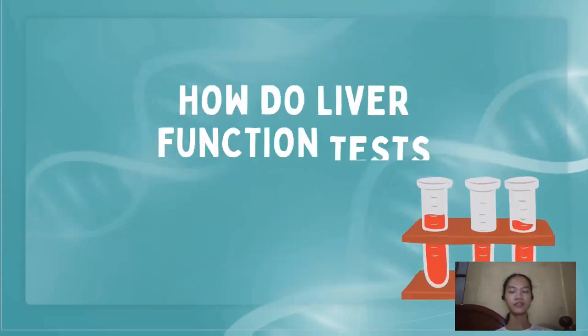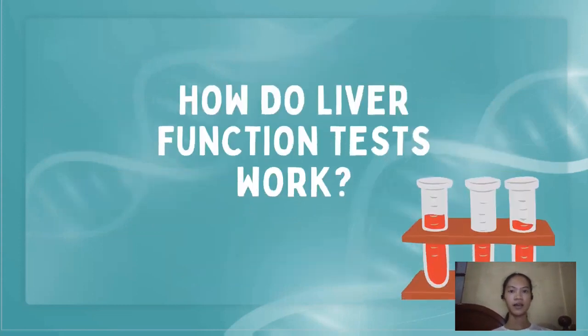How do liver function tests work? A healthcare provider draws a small amount of blood from a vein in your arm to test in the lab. They will look for abnormally high or low levels of different substances. Often, they'll want to compare levels of different enzymes or proteins to each other. If the balance is off, that can help them understand better what may be going on in your liver.